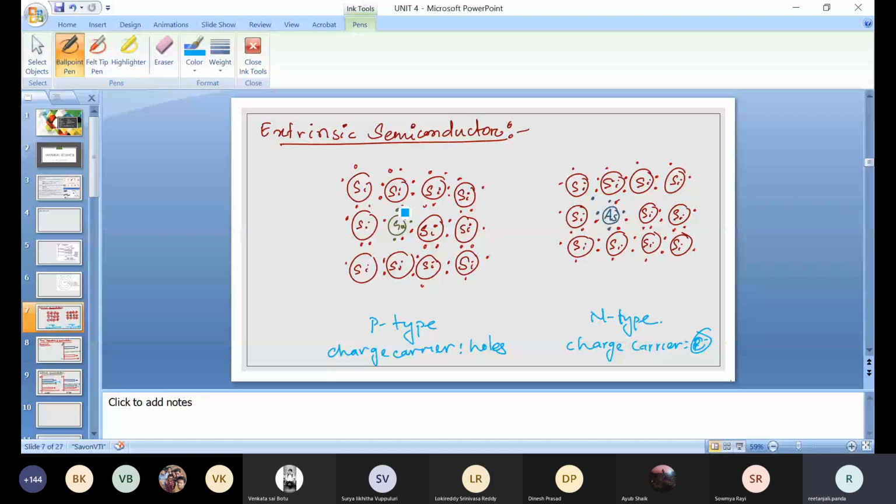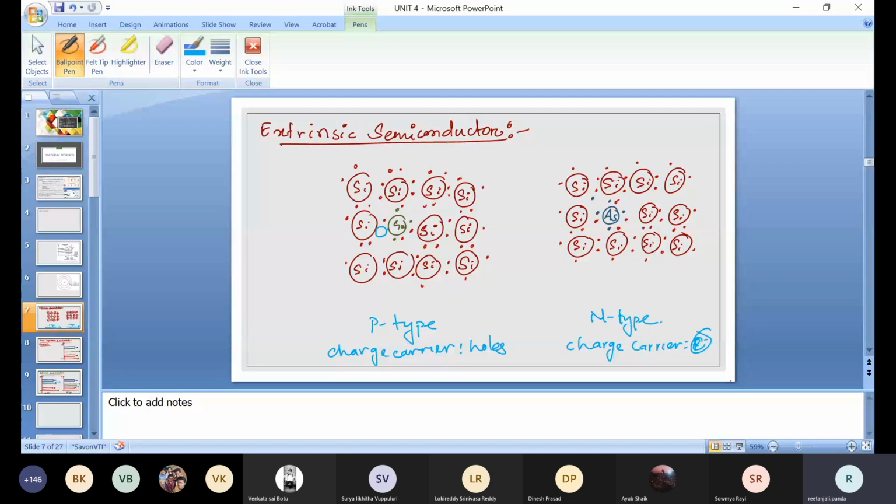So there will be a hole created over here, and we consider this hole from the conduction from the valence band, and that is the reason why electricity can be passed through the material. That's why this hole is called a charge carrier.